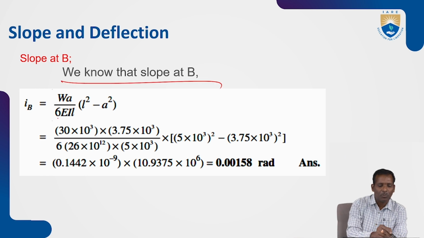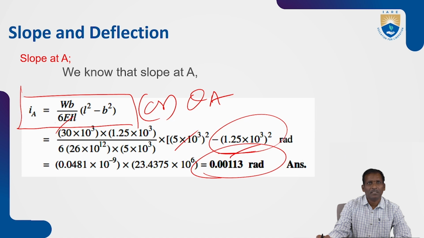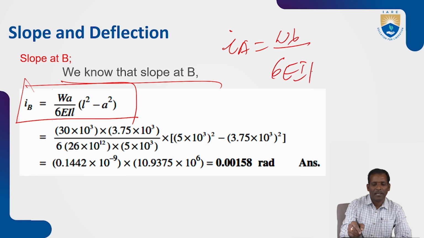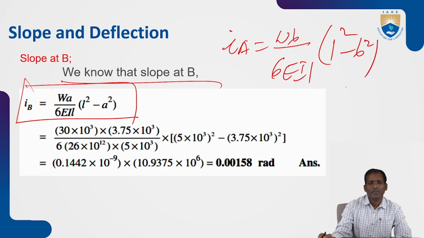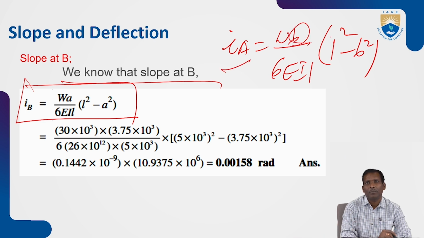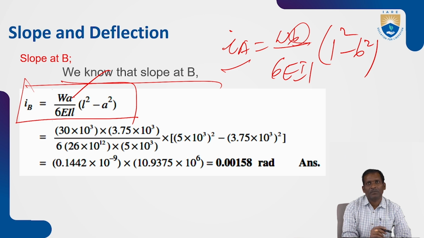Now the second side, the slope at B: WA upon 6EIL into L square minus A square. But in the previous one, in theta A, it was WB by 6EIL into L square minus B square. If you calculate the slope at A, you take the distance from the right side, B. When calculating the slope at B point, you need to take A, that is the left side. One is the right side and the other is the left side.